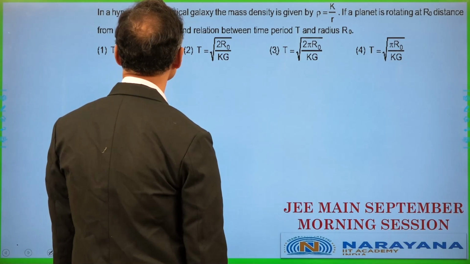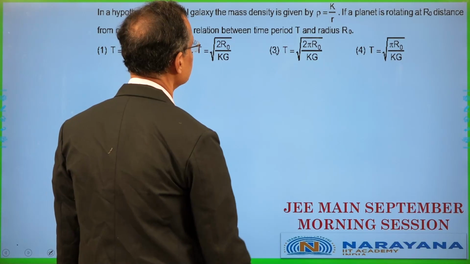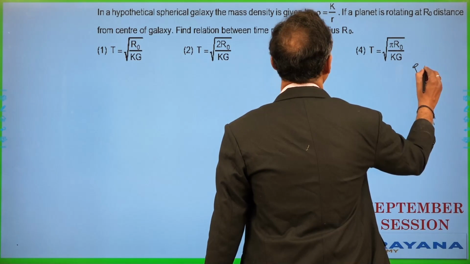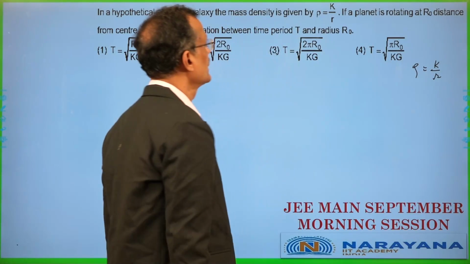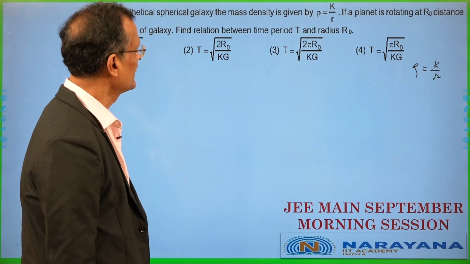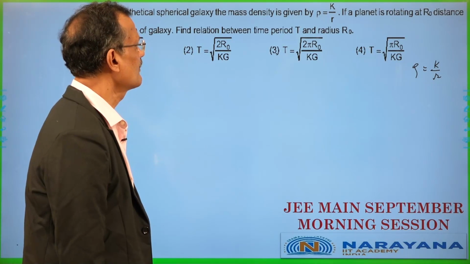In a hypothetical spherical galaxy, mass density is given by, mass density means they have given me rho as K by R. Planet is rotating at R0 distance from center of galaxy.